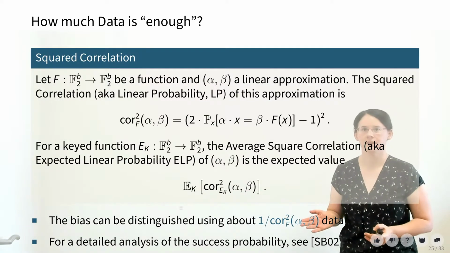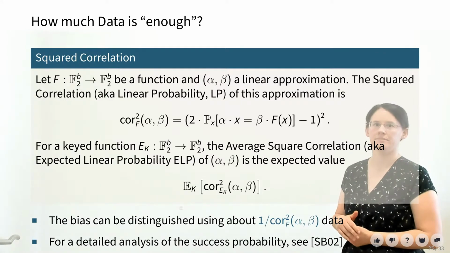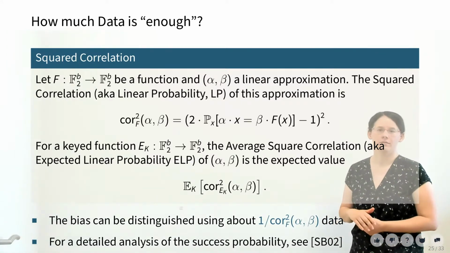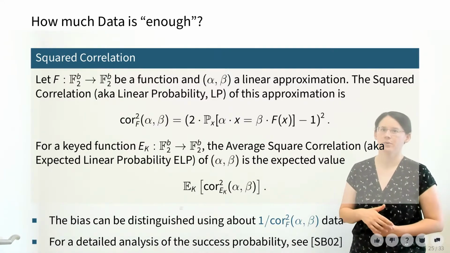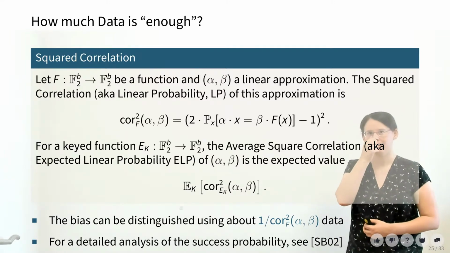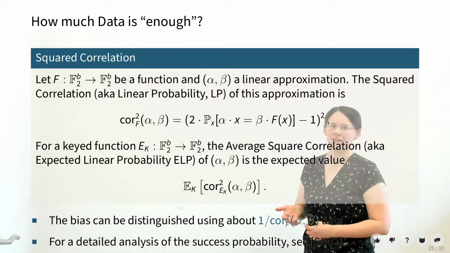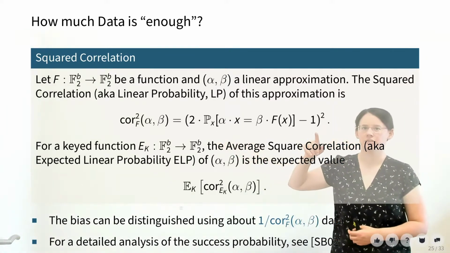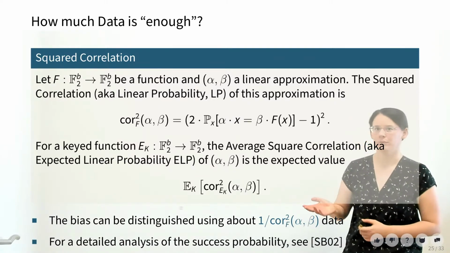Now some more details about how much data we need. I've already given you a spoiler of approximately how much it is. It's more easily written down using yet another approximation for the bias, namely the squared correlation. The squared correlation is nothing else than the correlation we already saw, squared. So far so easy. Why do we do this?